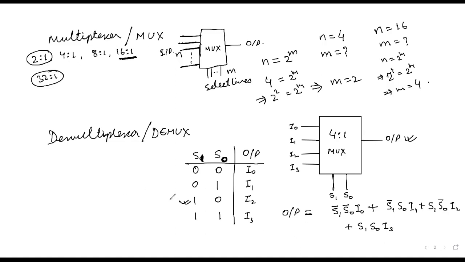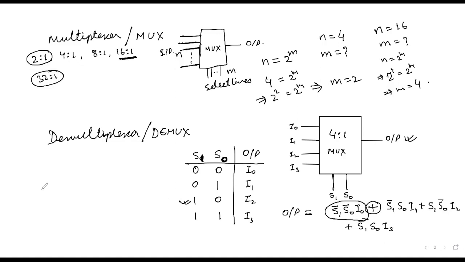So how can we get the circuit? As you can see here, this particular combination is nothing but the AND operation, S1 bar, S0 bar, I0, and here we have an OR.